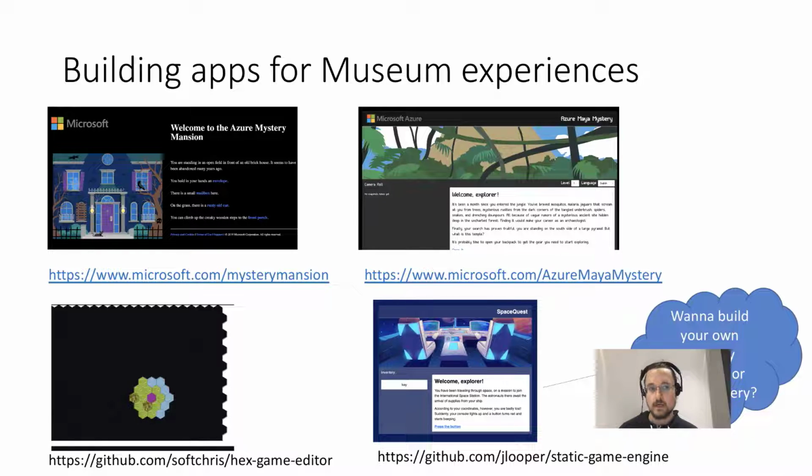And because of all of that work, my colleague Jen Loper and I started building a game engine that we could use to tell all of these stories in a fun way. Here, for example, on the top left, you see Azure Mystery Mansion. This is a text-based game, and you progress through the game by picking items up. You pick up notes, you read about different clues, and you advance through a house of mystery.